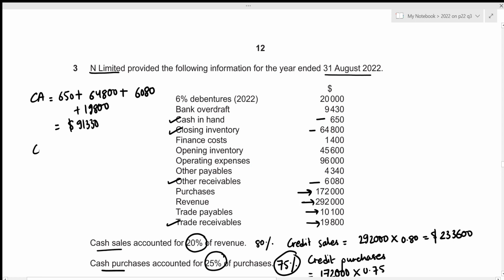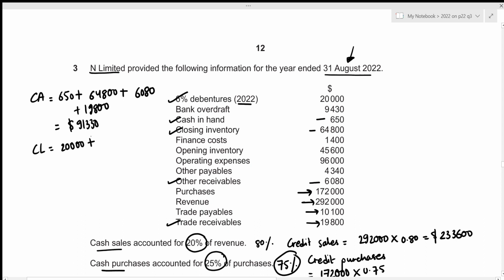Now let's figure out our current liabilities. We have 6% debentures 2022. And remember that this information is for the year ended 31st August 2022, which means that this amount is now payable within a year, right? So this will now act as our current liability. So we need to include this value of 20,000.